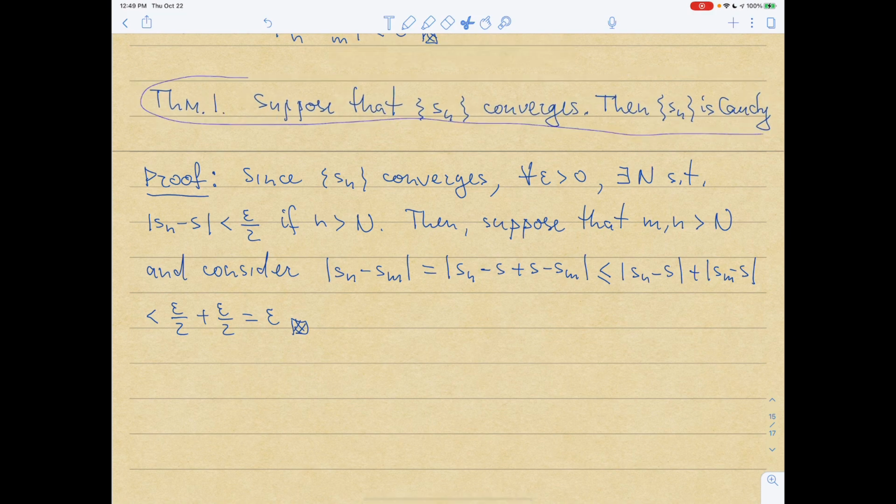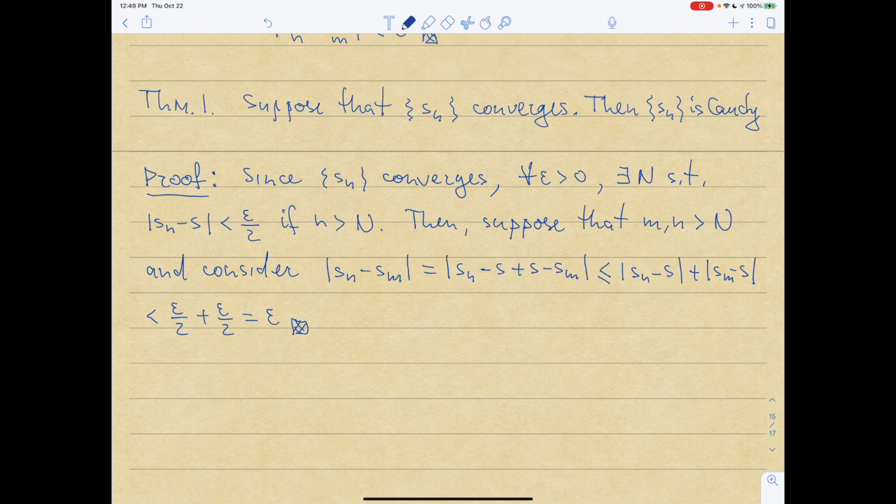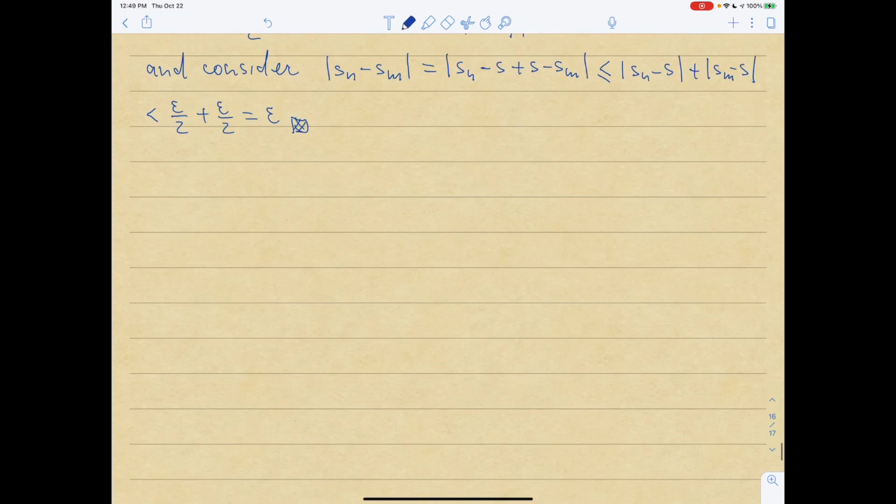All right, let's do one more theorem. Theorem number 2. Suppose that I have a sequence Sn that is Cauchy.